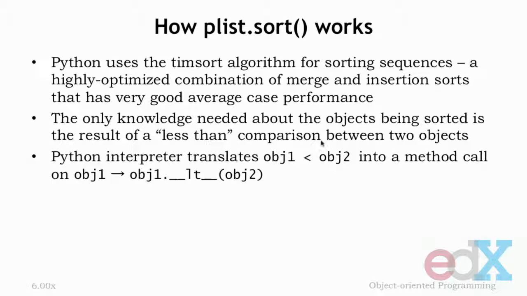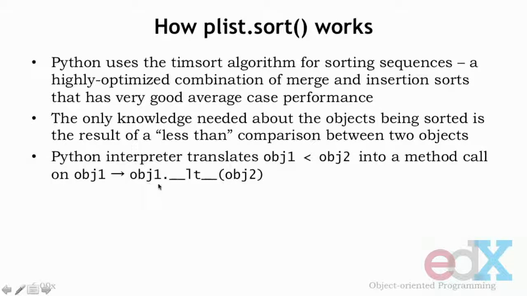So inside the timsort algorithm, if it asks if a particular object in the list is less than another object in the list, well, Python translates this expression in the source code, when there's an object involved. In this case, object 1 is the first argument. It translates that into a particular call of a special method, a built-in method for object 1. In this case, it's going to call the less than method.